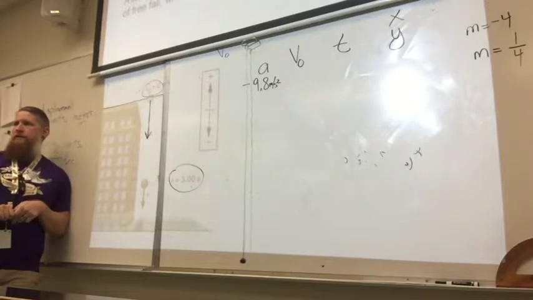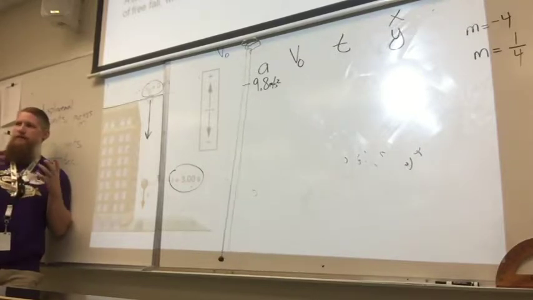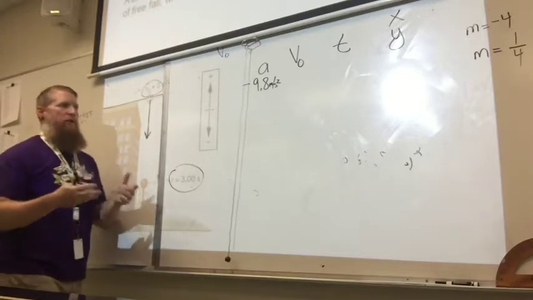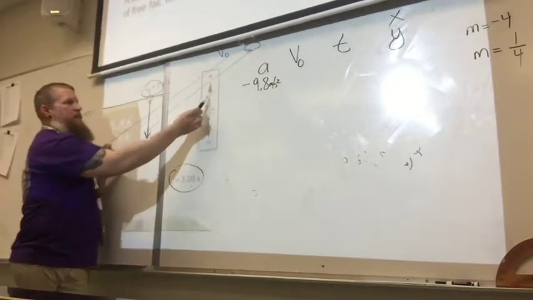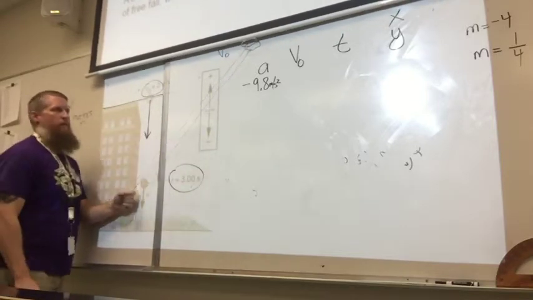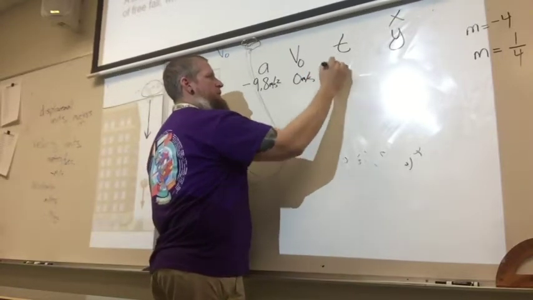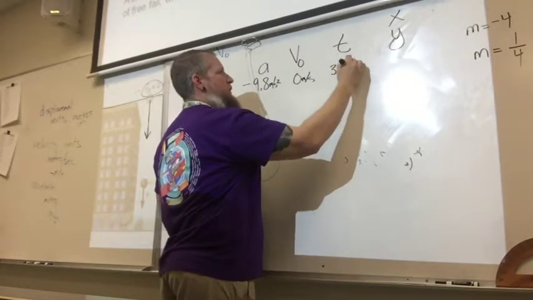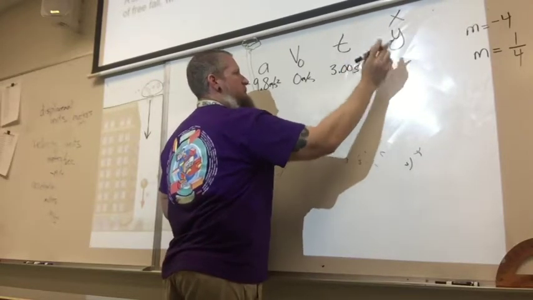Sometimes you'll want to be positive, sometimes negative. It all depends on the context, and your frame of reference will change what you're doing. But since they're defining here very nicely that up is positive and down is negative, I know to put it there. All right, initial velocity was 0. Time was 3 seconds. And I'm trying to find the displacement.